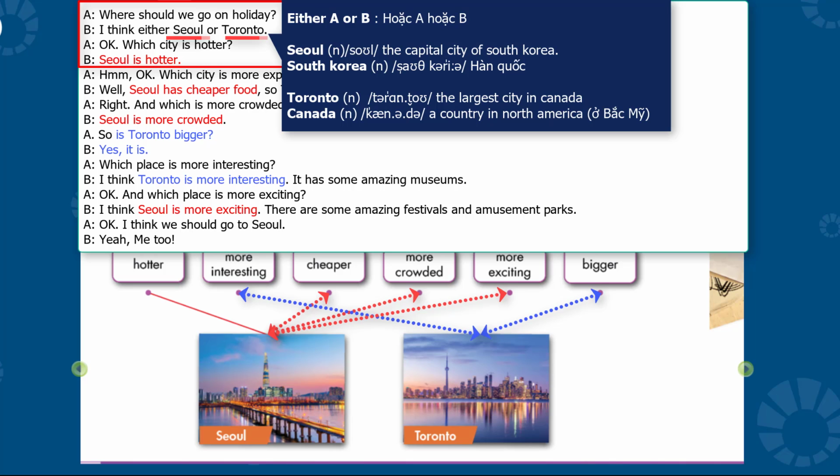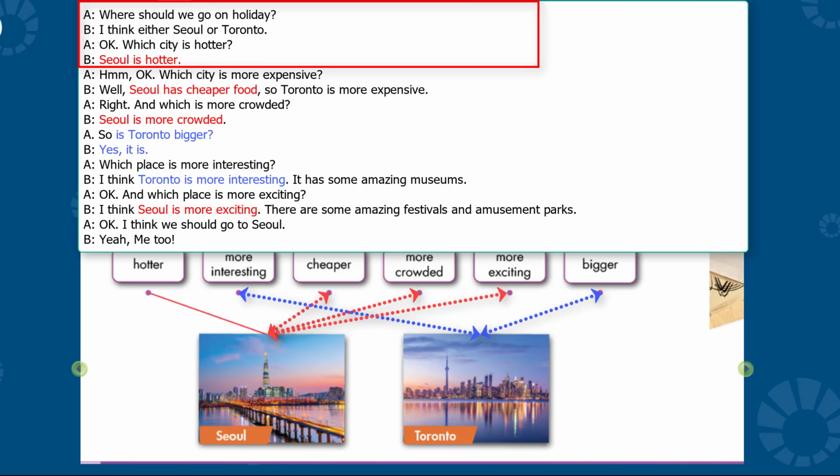Right. Okay, which city is hotter? Okay, vậy thành phố nào nóng hơn? Seoul is hotter. Seoul is hotter. So we draw hotter to Seoul, right?